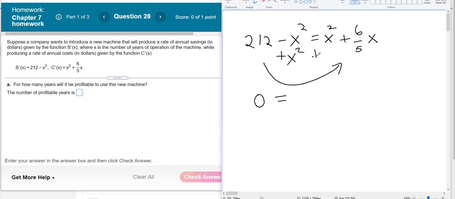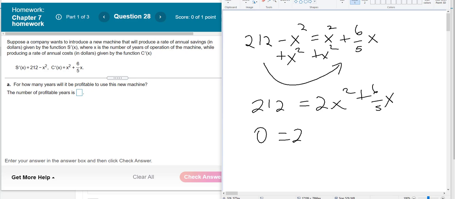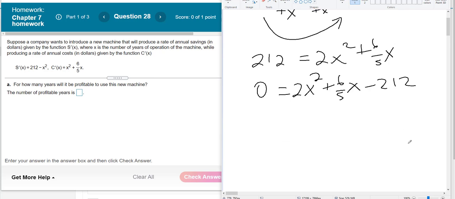So I'm going to add an x squared. That's going to give me 212 equals 2x squared plus 6/5 x. And then, because it's a quadratic, it needs to be equal to 0. So I'm going to move that 212 over.